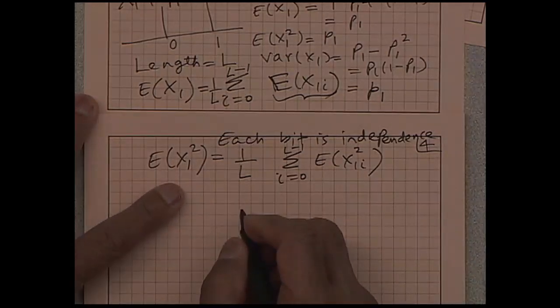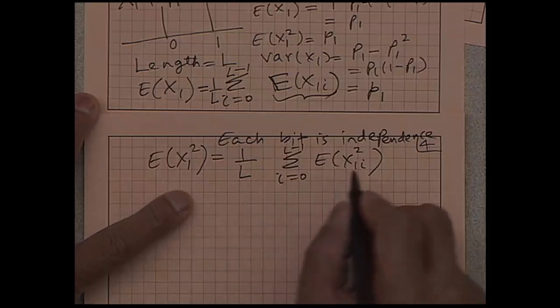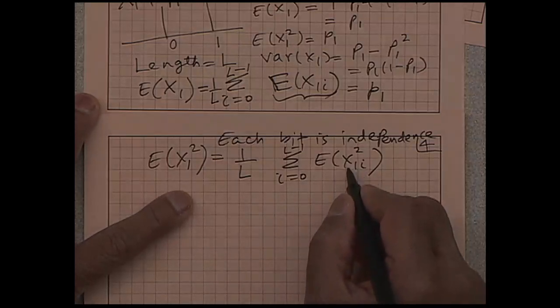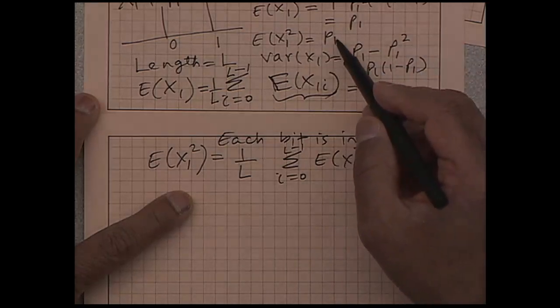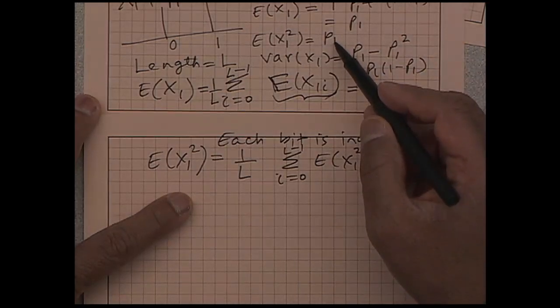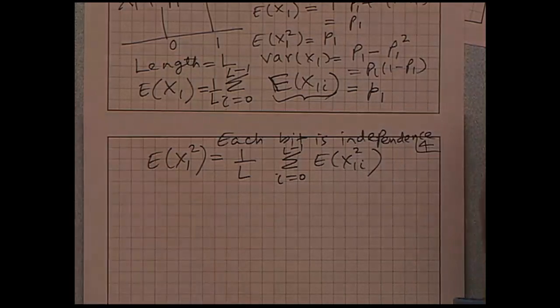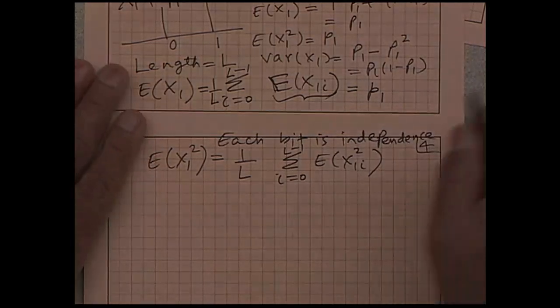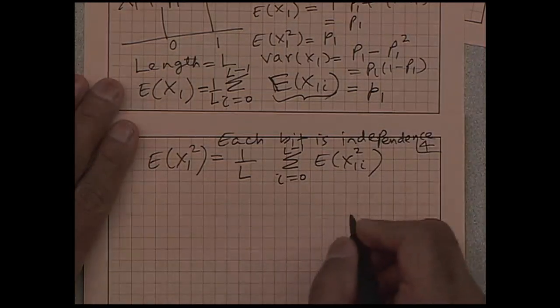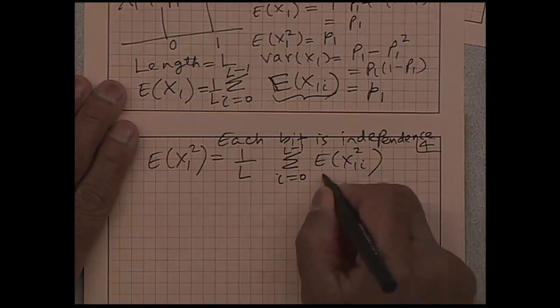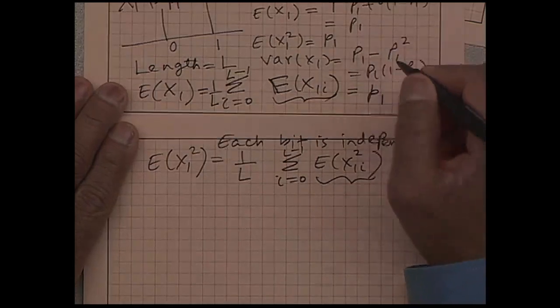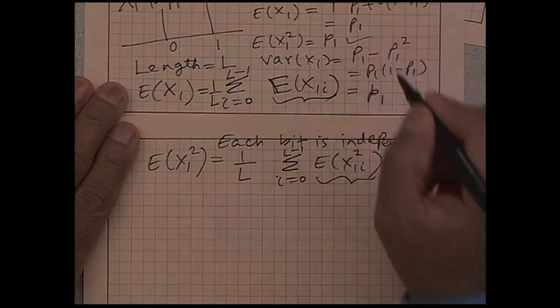What will this quantity be? x1 is 1 with probability P1, so this is still going to be P1, exactly as I calculated here.